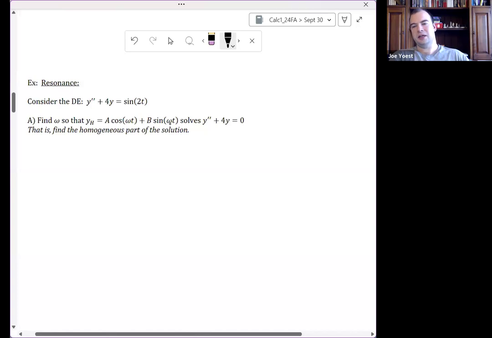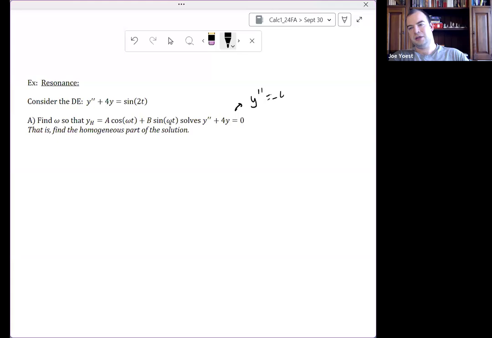Well, note down here, y double prime plus 4y equals 0. We could write that as y double prime equals negative 4y. I'm looking for a function, roughly speaking, whose second derivative looks like negative itself. Well, that seems like the trig functions. So that's why, as a gut feeling, I might think that trig functions might work here.